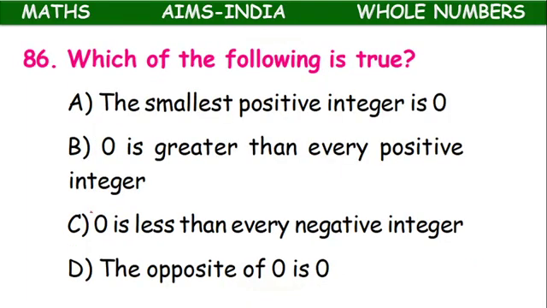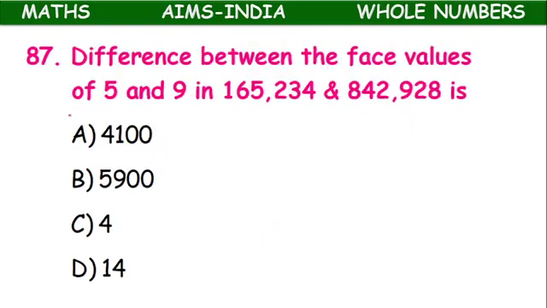Next. Which of the following is true? This type of question we have already got, children. So do it as homework. 86 question. Next. The difference between the face values of 5 and 9 in this number is dash.